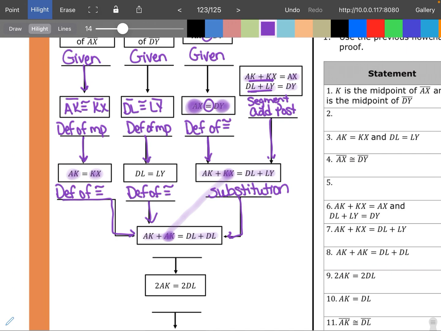Also, on the other side, this DL is equal to LY. So I replace this LY with DL. So again, I've replaced. That is going to be another substitution.